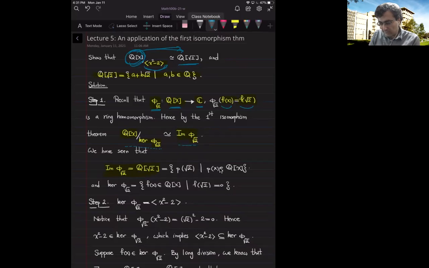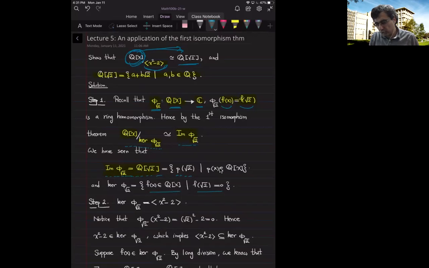So we have this equality, and by definition, it is the possible values that polynomials with coefficients inside Q can take when we plug in root 2. And the kernel of this map consists of all the polynomials that have root 2 as a 0. So the steps we need to do are the following.